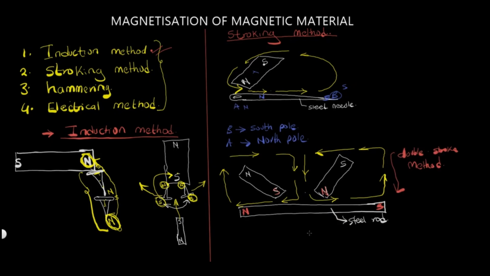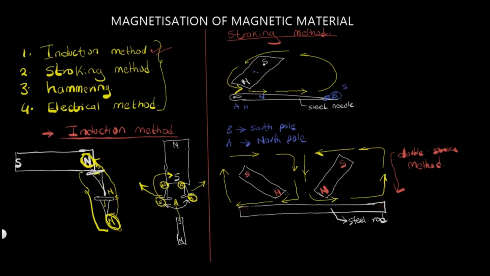Now what do you think will happen if you use the same polarities here? Let me clear this. What do you think will happen if we change the polarities of the magnets? We use the same polarities, this one becoming the north pole, this one becoming the north pole, this one becoming the south pole, and this one becoming the south pole.